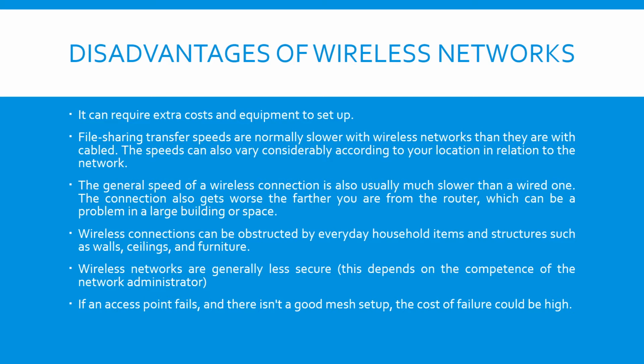Now, in case of wireless technologies, if there is some natural interference like cloudy or some other type of situations, the network or the file sharing in the network becomes very slow. The general speed of wireless connection is also usually much slower than a wired one.